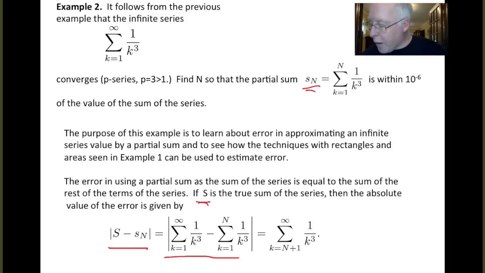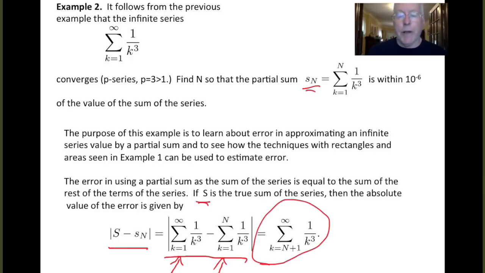So this works out to be, here's capital S, there's the sum of the series from 1 to infinity, here's the partial sum, and if I subtract that partial sum from the complete series, all that's left are the terms from n plus 1 to infinity of 1 over k cubed. So this is the error in our approximation.